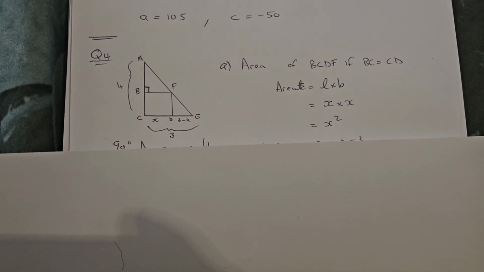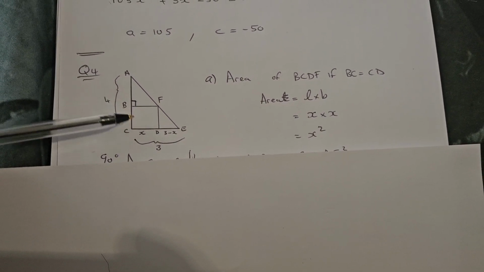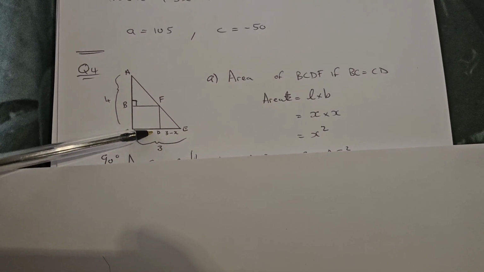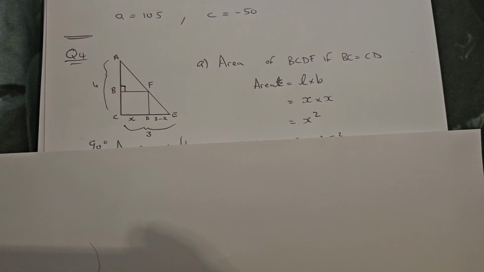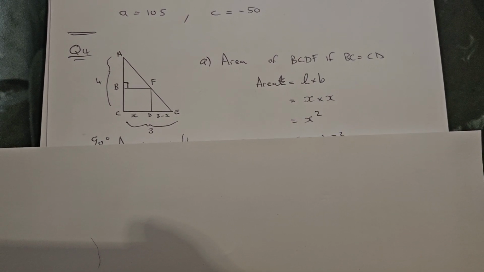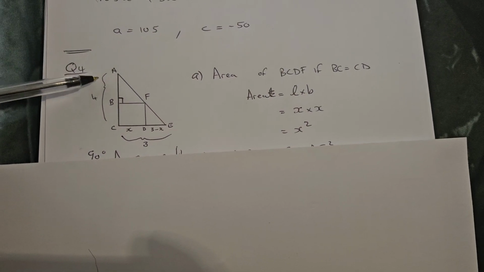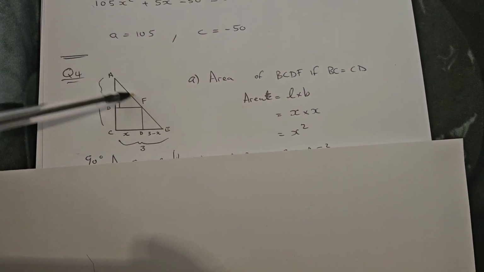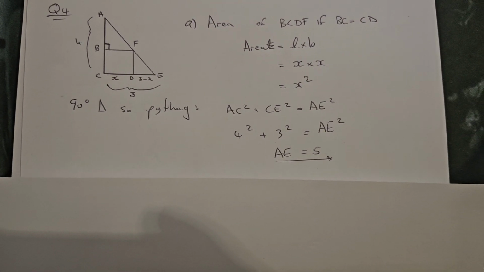They want the area, and they tell us CD is x. So if both were equal to x, it would just be x squared. But I can get an actual answer for this because they give me other values, the 4 and the 3. I can even use Pythagoras to say that's 5. It's not going to help me in this case, but I showed it anyway.